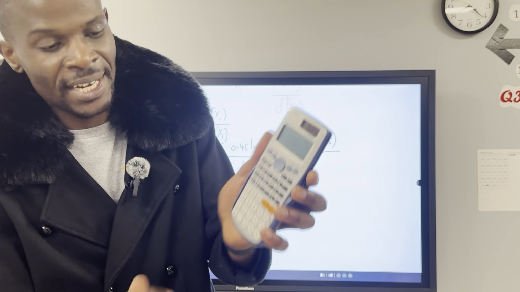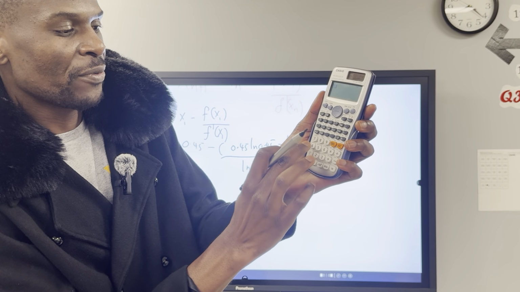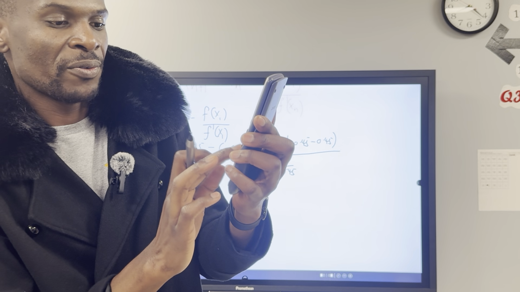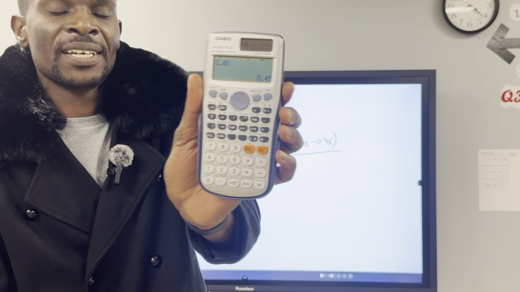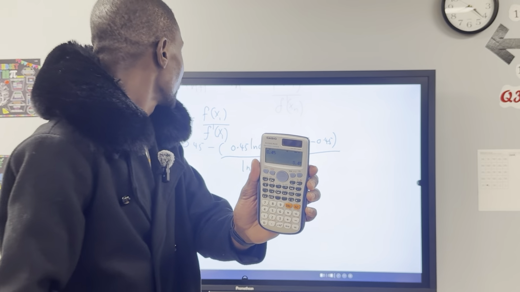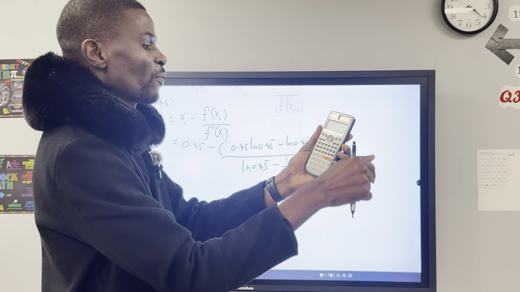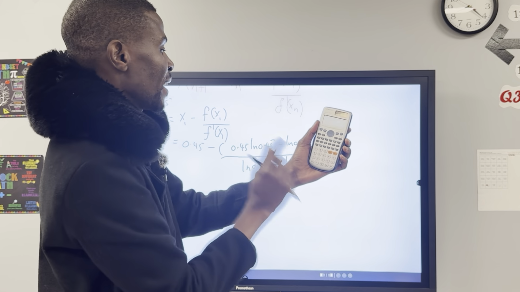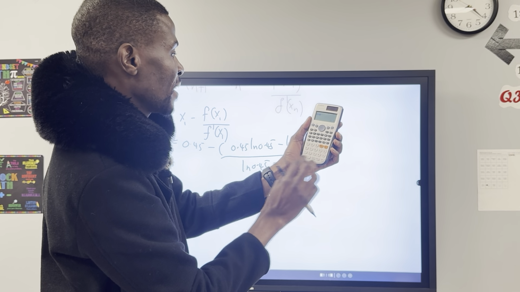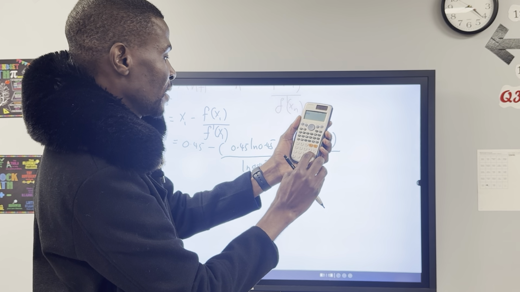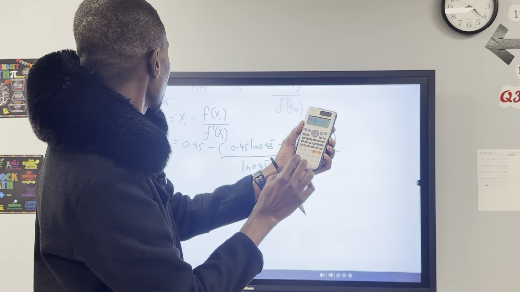I input the given, so I'll input 0.45. When I say 0.45 here, it's now stored in the calculator. So instead of writing 0.45, you write this structure with answer, then minus, then the fraction.